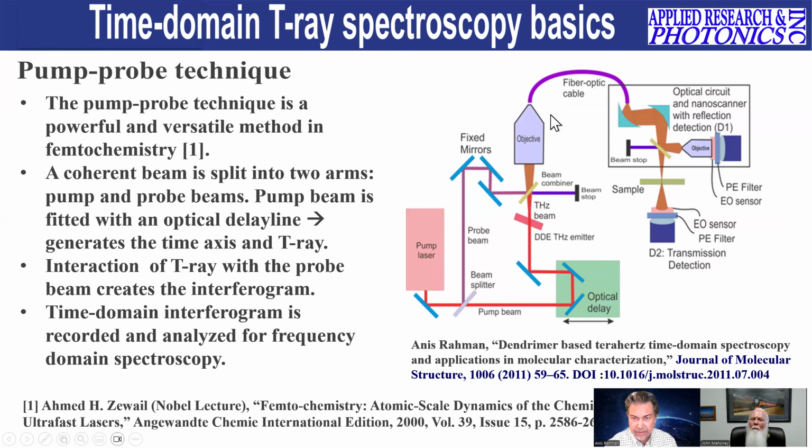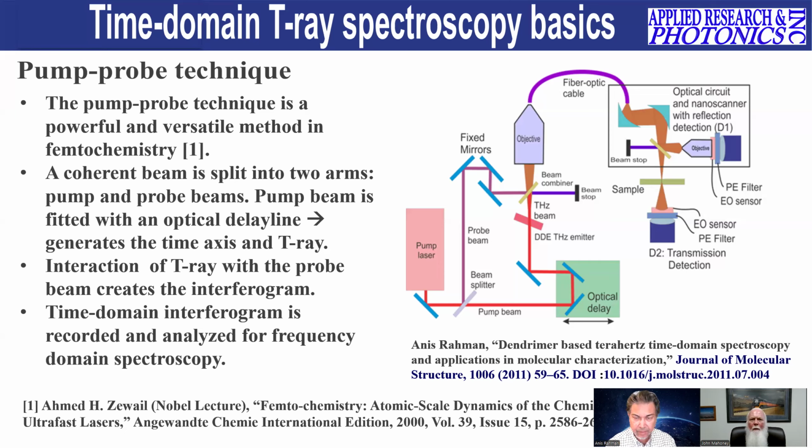We particularly found a way of coupling that terahertz to a multimode fiber optic cable, via which it is delivered to the terahertz circuit here, and the sample is placed somewhere here. We also have a detector on the transmitted side and a detector on the reflected side. It's a pretty complicated circuit, but I'm trying to show it as simply as I can to explain the concept.